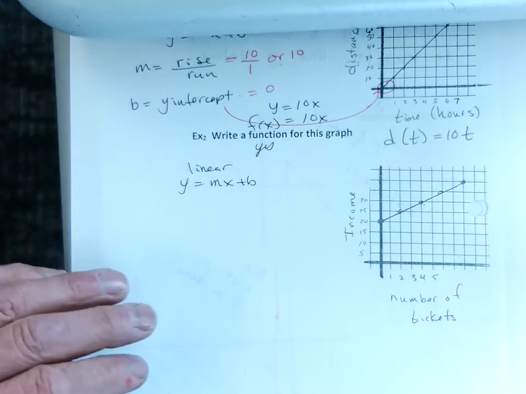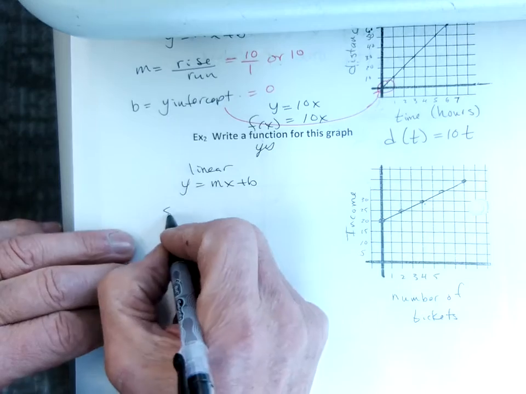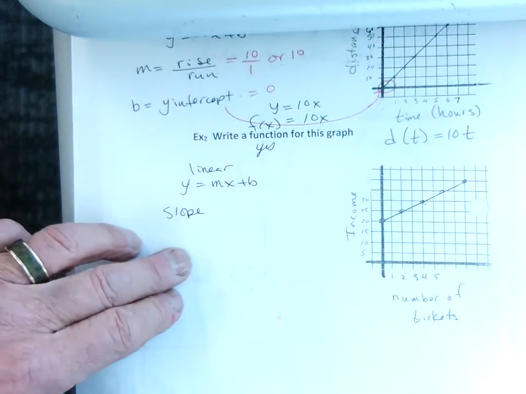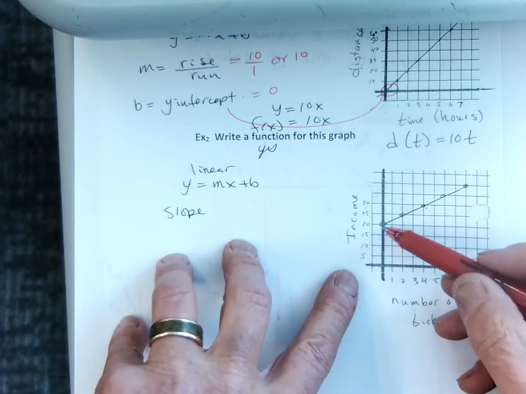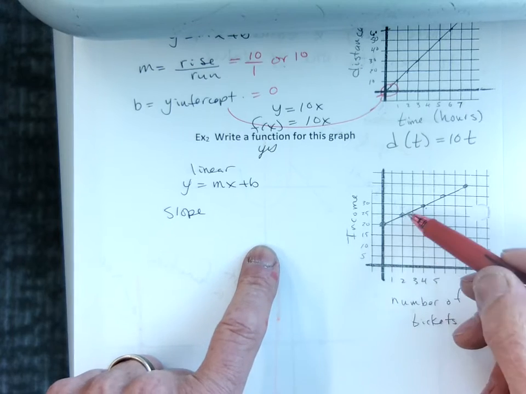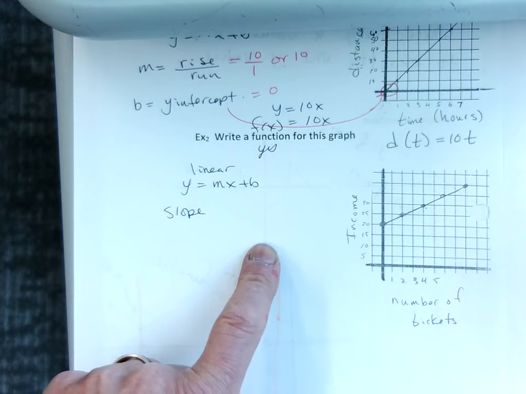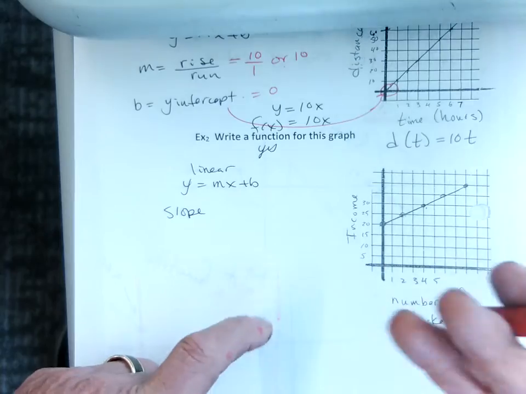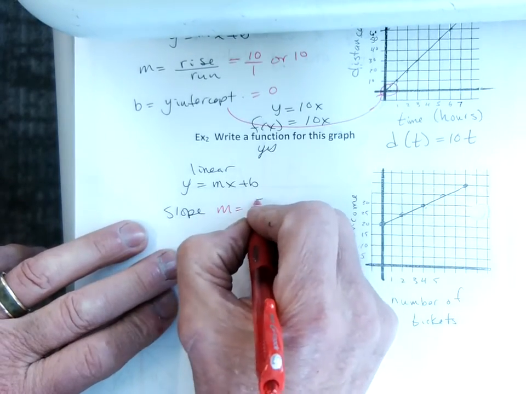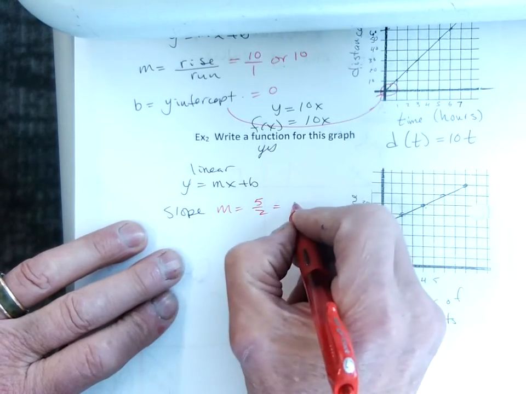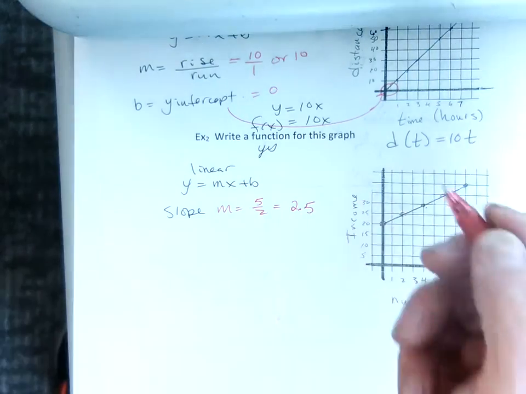What's our slope? Let's see, we're going to go up 5 over 2. So our slope is m equals up 5 over 2, or we could change that to 2.5. Good enough.